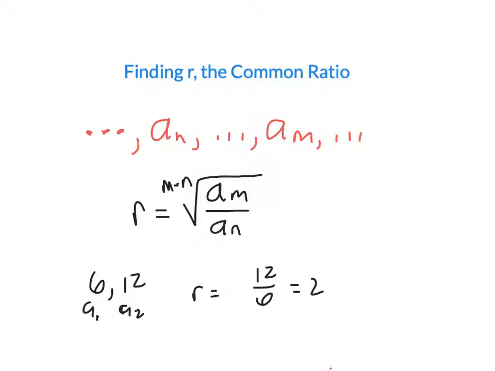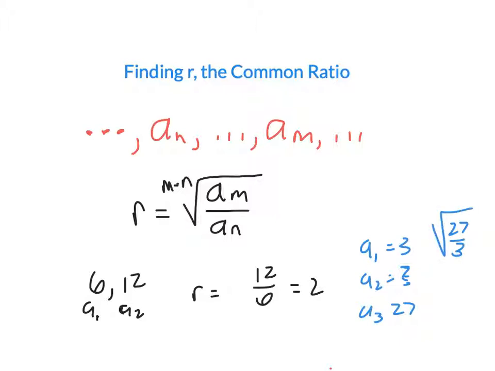And so this r would be 2. However, if our terms were, say, 2 apart, like a1 was 3, a2 we did not know, so that's a question mark, and a3 was 27, we would do 27 over 3, and we'd have to do a square root because 3 minus 1 is 2.